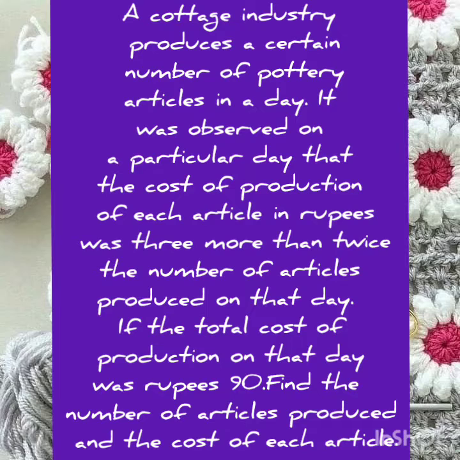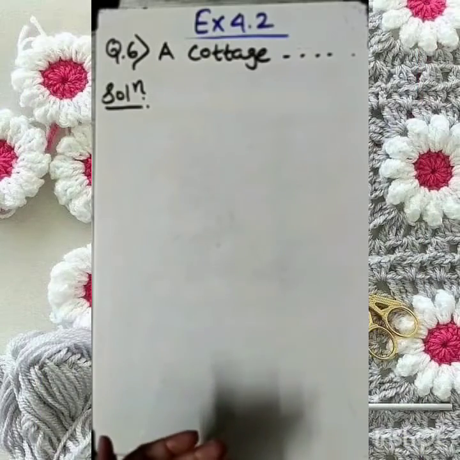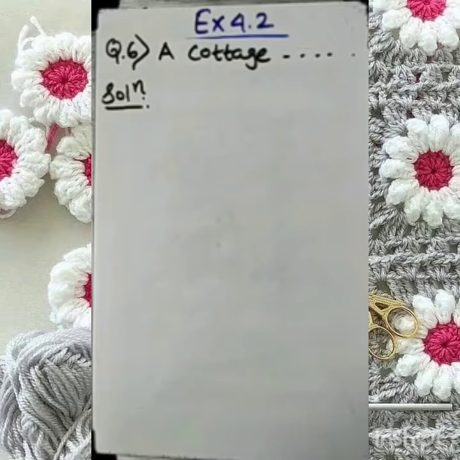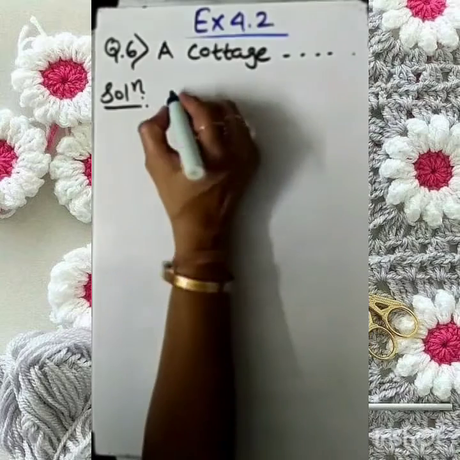So first of all, dear student, here we are not given the number of articles produced in a day. Because if we talk about the cost, then first we require how many articles are produced in a day, which we are not given. So let's begin our solution with that. Please note down first.